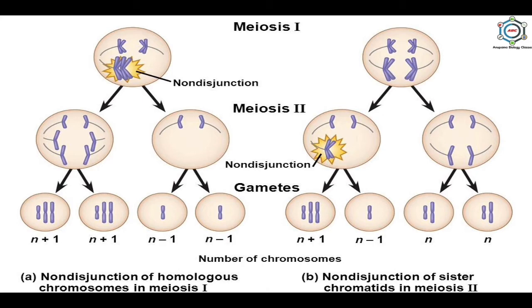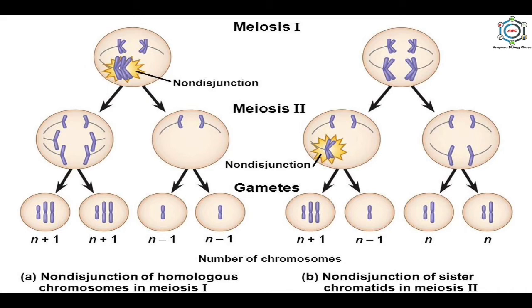The XXY individual is a sterile male with many female features. Union of an egg without an X chromosome with an X carrying sperm produces an individual having a single X chromosome. This is a sterile female with many male features.